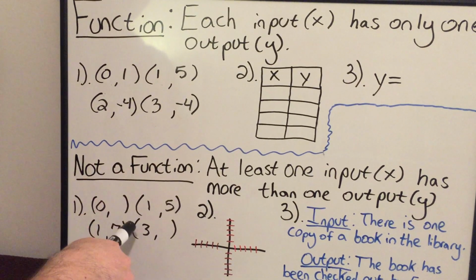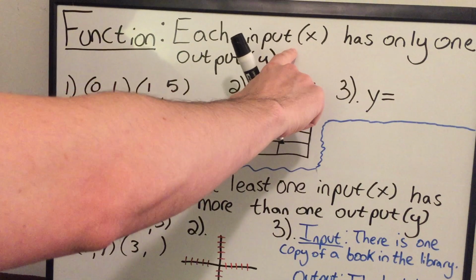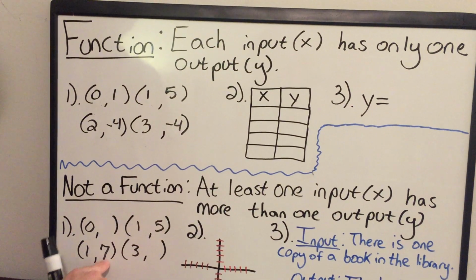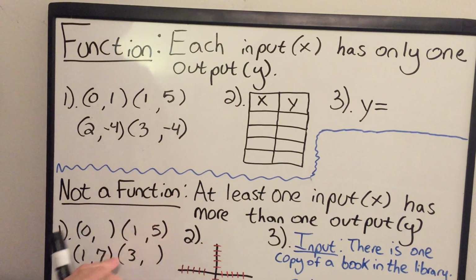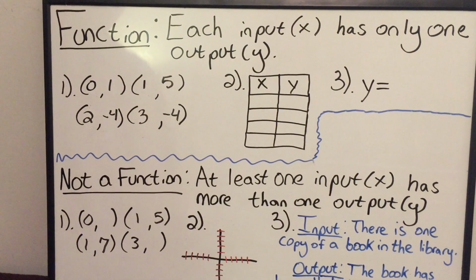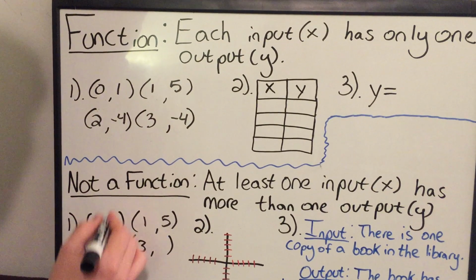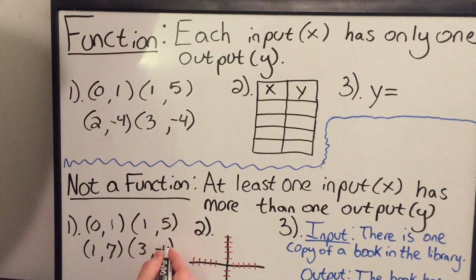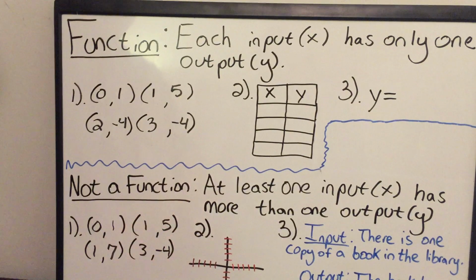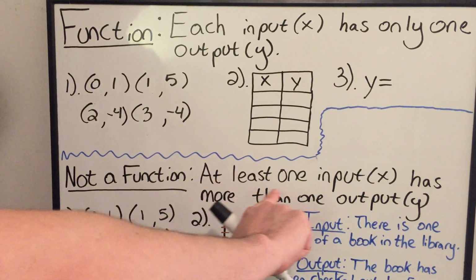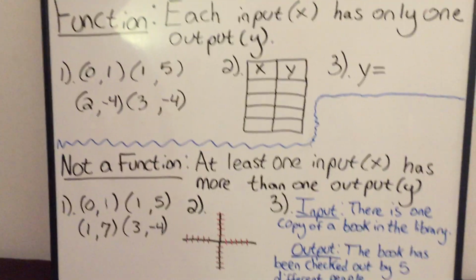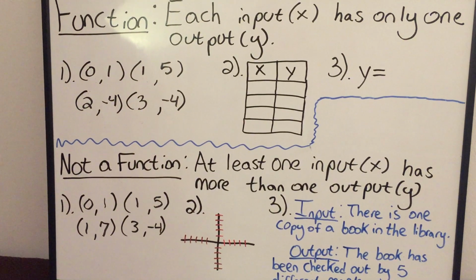That's game over. That's not a function, because each input x should just have one output, but clearly 1 has 2 different outputs. Even if 0 is 1 and 3 is -4, that's fine, but the moment this 1 has 2 different outputs, which is kind of the definition of not a function, it's not a function. So there are your examples for ordered pairs.